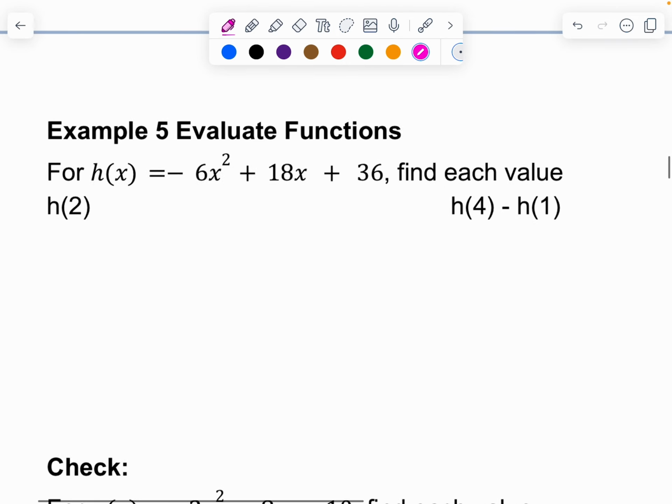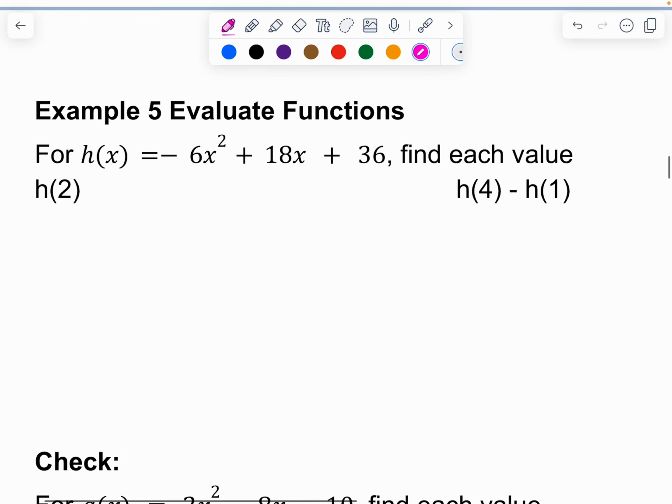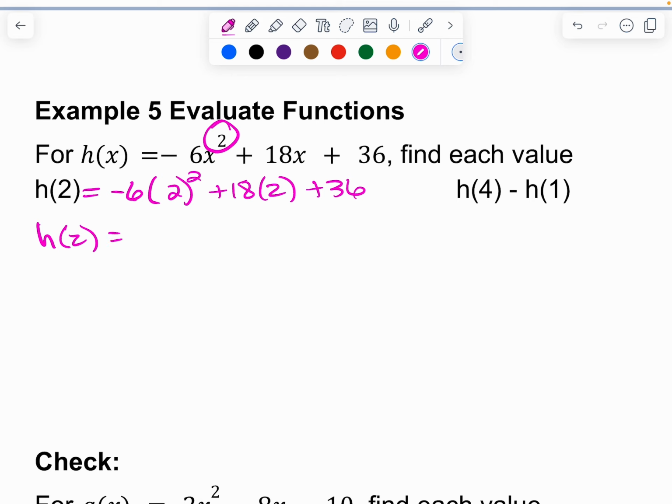Okay, so this one has a squared. So we just have to be careful when we're doing this. So I'm going to replace x with 2. H of 2 equals negative 6 times 4 plus 36 plus 36.